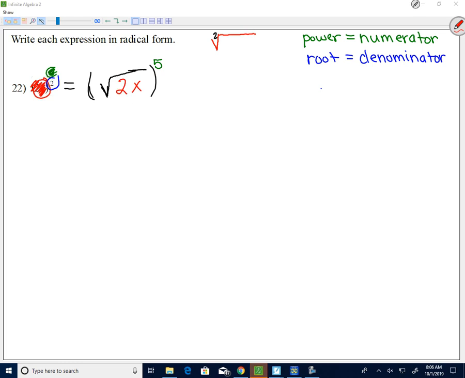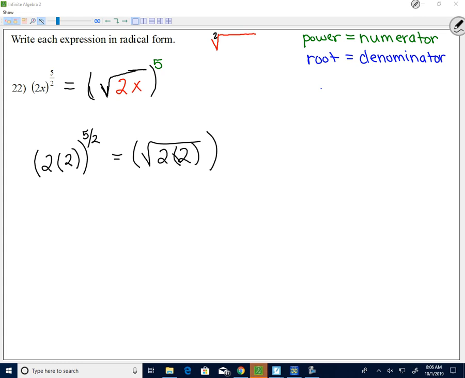So let's pick a value and substitute in here and make sure we have indeed created equivalent expressions. So let's substitute in a 2. So if I do 2 times 2 and I raise it to the 5/2 power, I should get the same answer as if I do the square root of 2 times 2 raised to the 5th power.